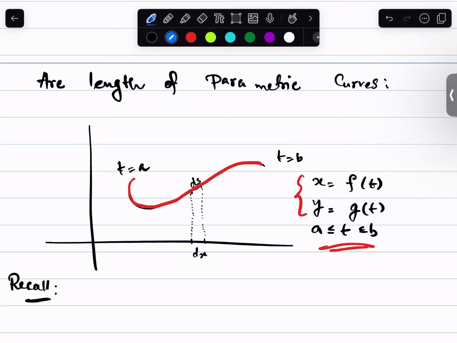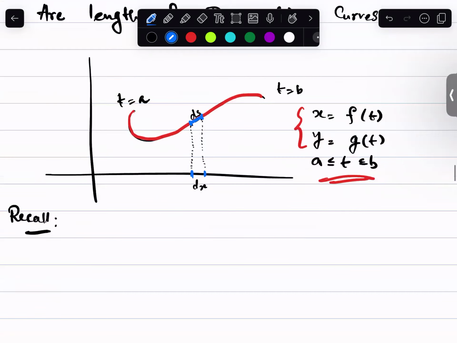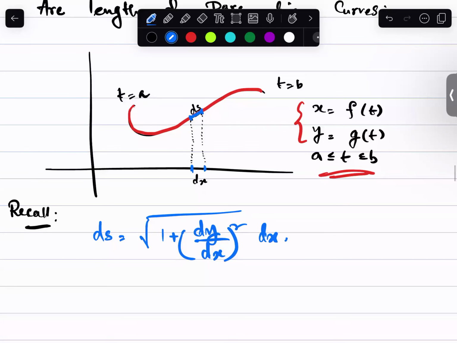Now, if we consider a small little portion of the curve and name it ds, and the corresponding portion on the x-axis is dx, then you can recall that this ds in terms of x and y will be square root of 1 plus dy over dx squared, dx. This formula is again coming from the previous lecture, where we calculated the arc length for an equation involving x and y only.